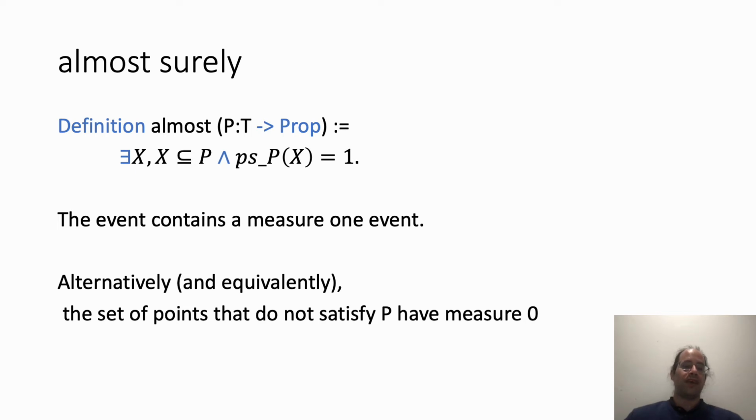So what we actually say, in order to weaken this, is there exists some measurable set, some event X, which is contained within P, such that that event has measure 1. We could alternatively and equivalently say that the set of points that don't satisfy P have measure 0.